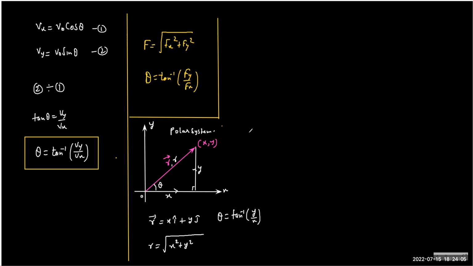In two dimensions, let me introduce this system here. In two dimensions, there are two systems. One is of course the Cartesian, which is for 2 and 3 dimensions. But for two dimensions, we have one special mathematical coordinate system, and that is called the polar coordinate system.